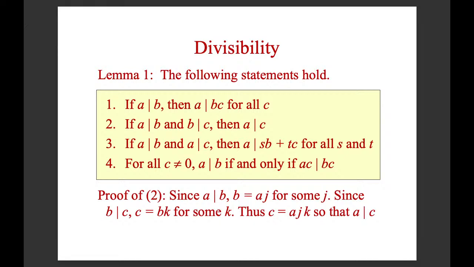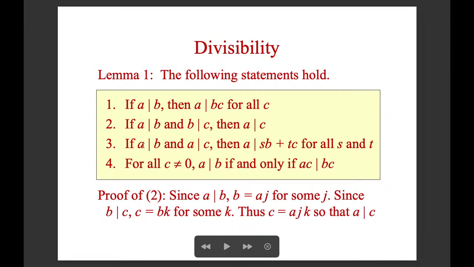Now we have these lemmas. Notation here: a divides b means that there exists an integer k such that ak is equal to b. It says that if a divides b, then a divides b times c for any integer c. The other one is if a divides b and b divides c, then a divides c. These are things that we have known since primary school days.